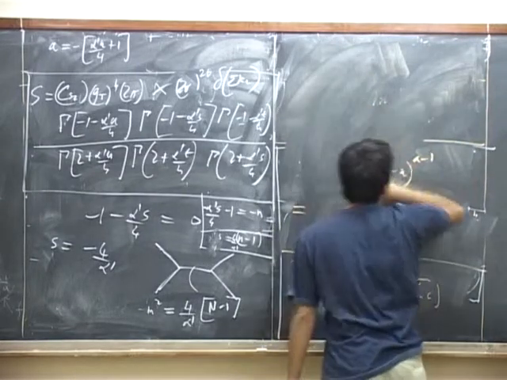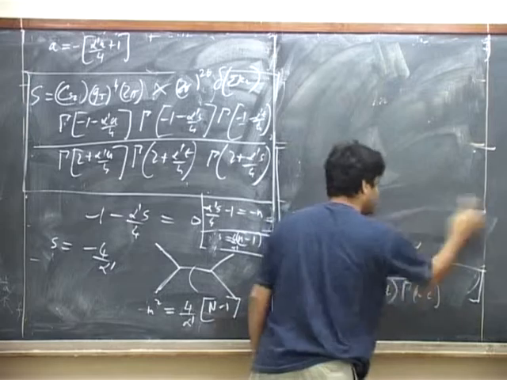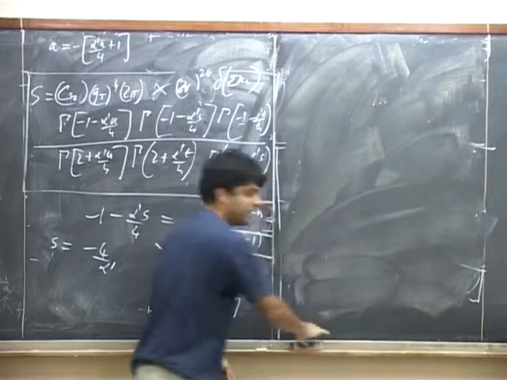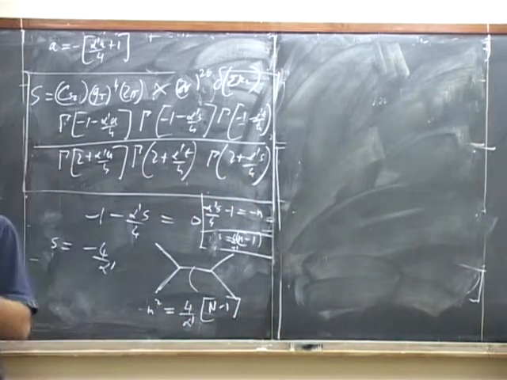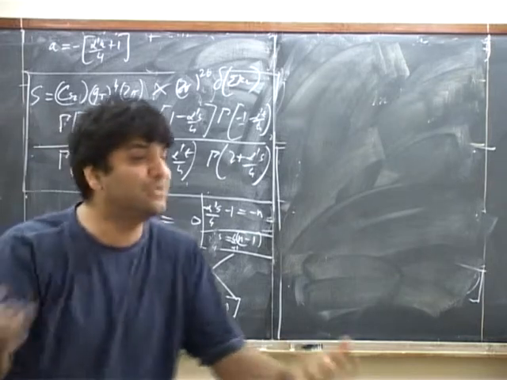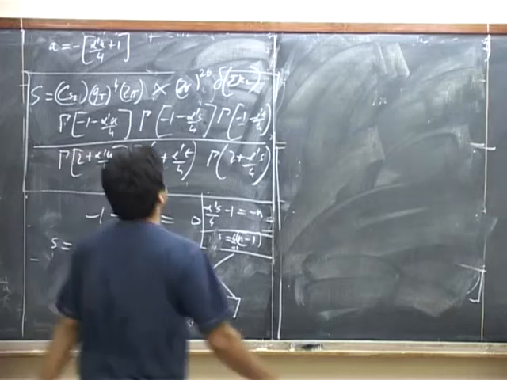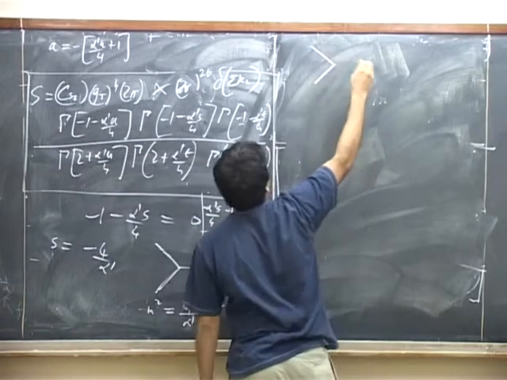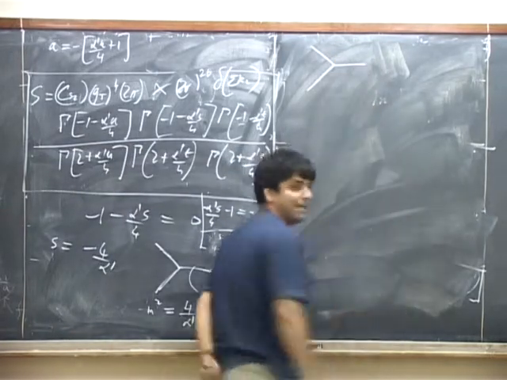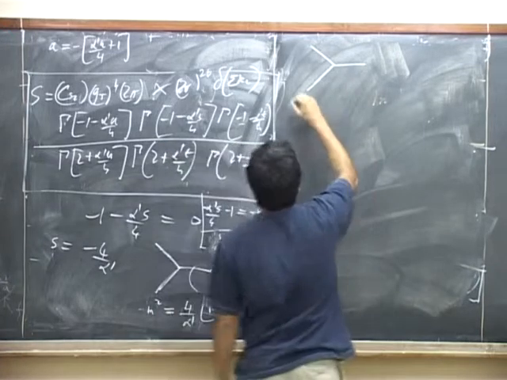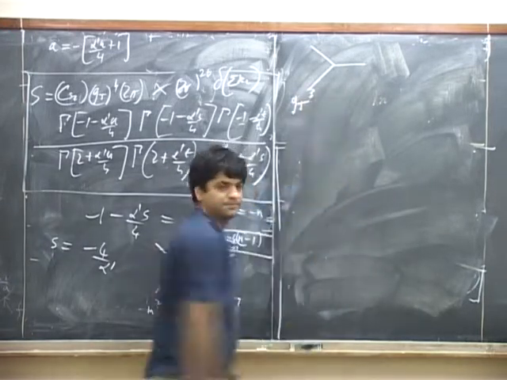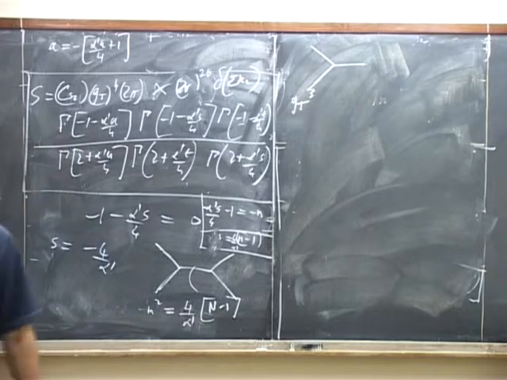You say, well, if you're so smart, you should be able to not just say it has a pole, but check that the residue is the right thing. So let's see. What did we have? We had that this scattering amplitude, remember, was G tachyon to the power 4 times CS2.